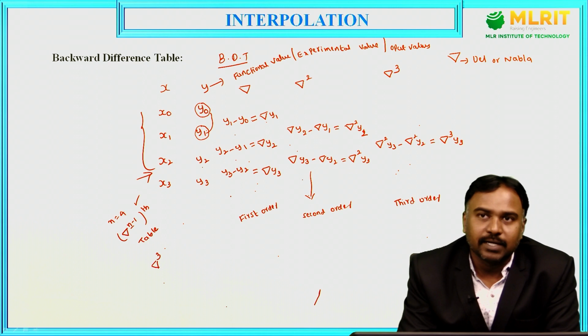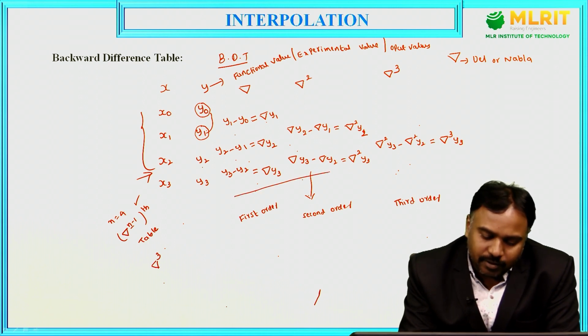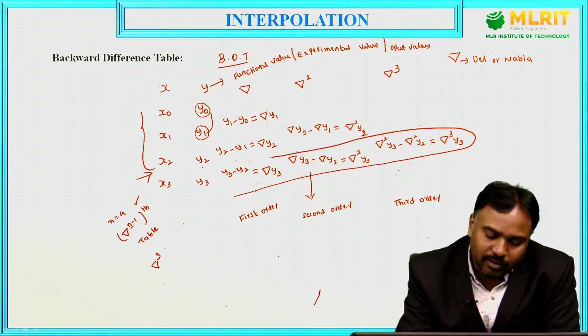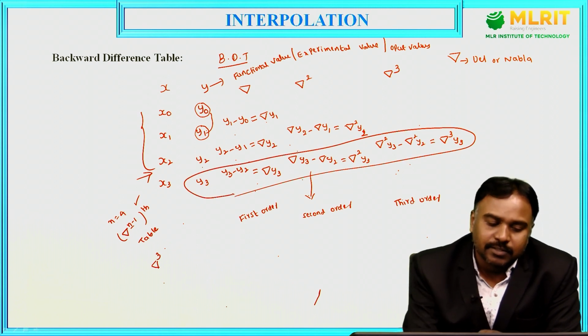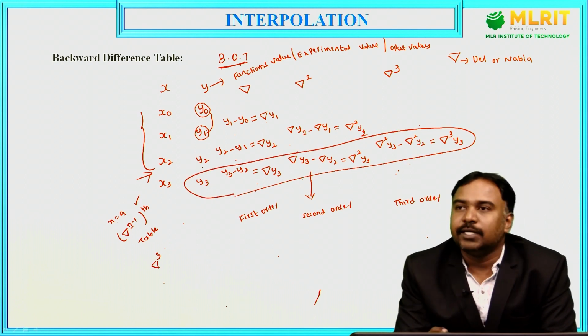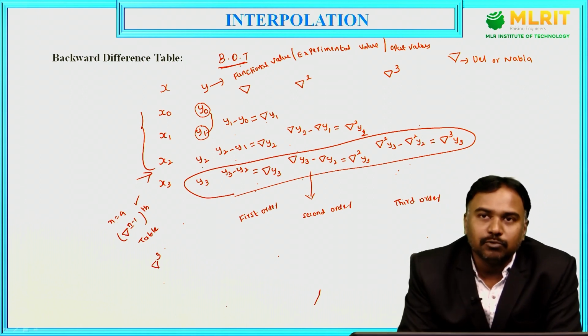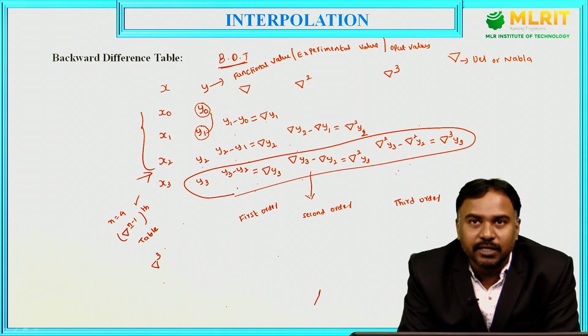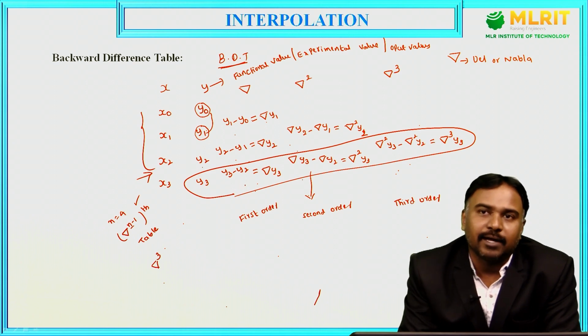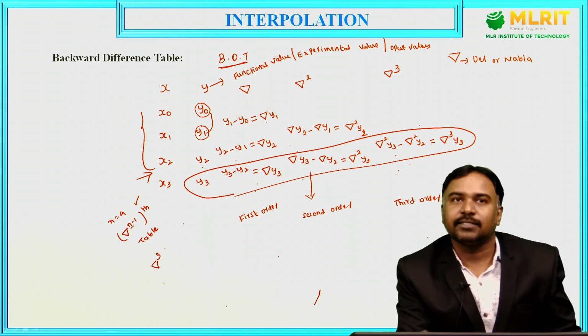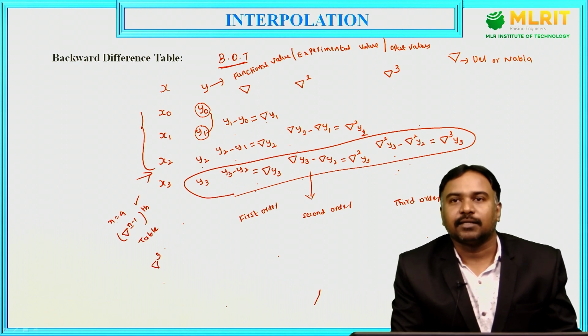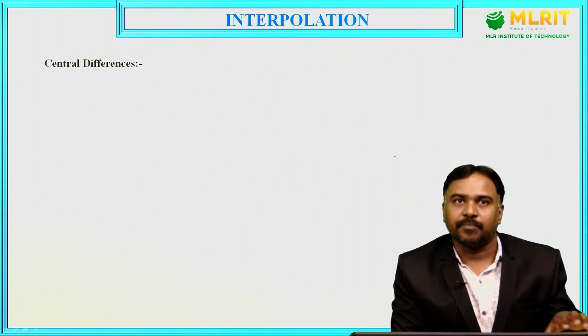If you observe clearly, in the backward table the last values will not change, since we use this when the location is the end of the table. That is why more weightage is considered for the end value. We construct the backward difference table this way.